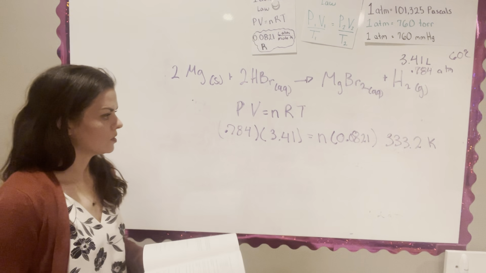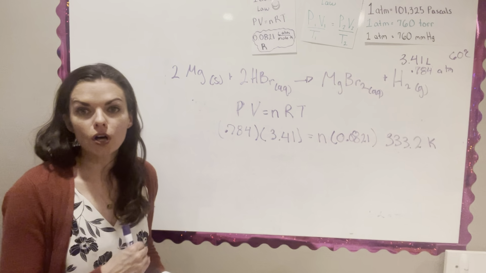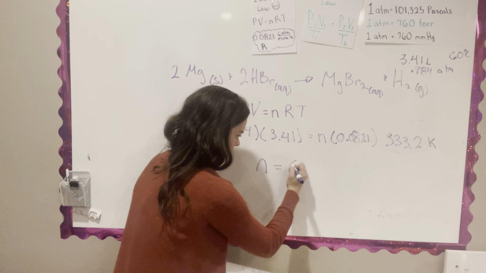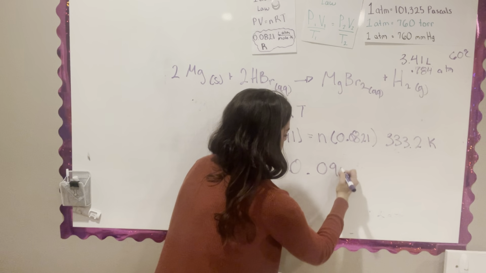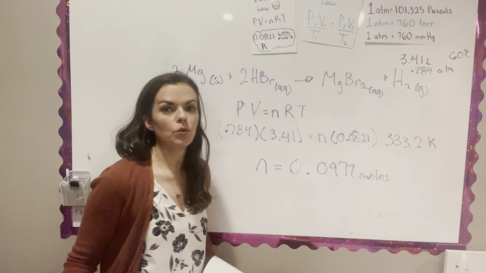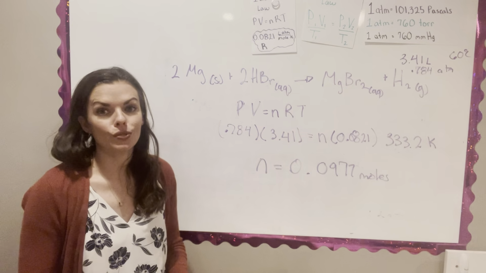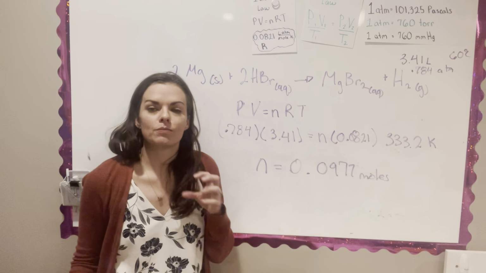I know that it's getting hard to see, and I'm really sorry for that. So if you take all that and you solve it through for moles, you get an n of 0.0977 moles.